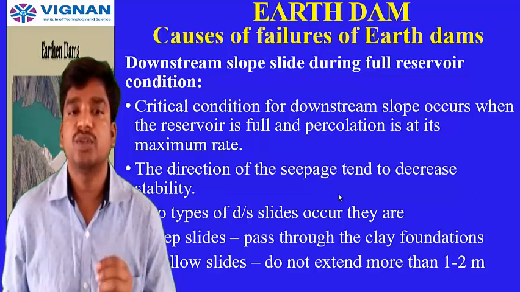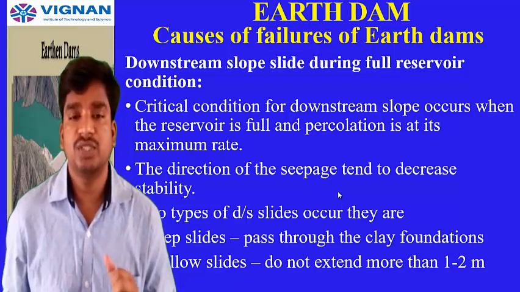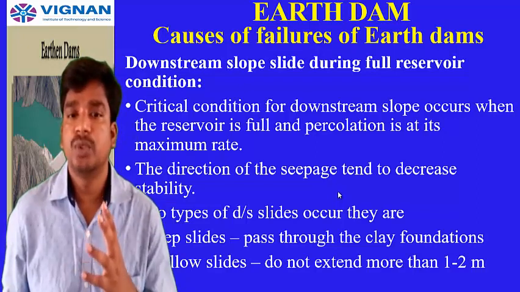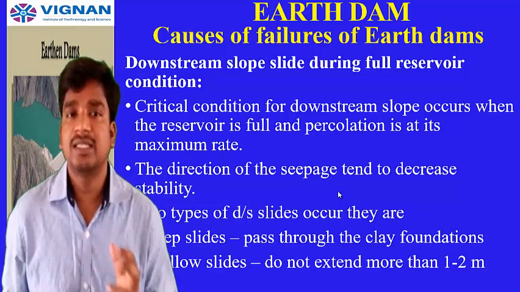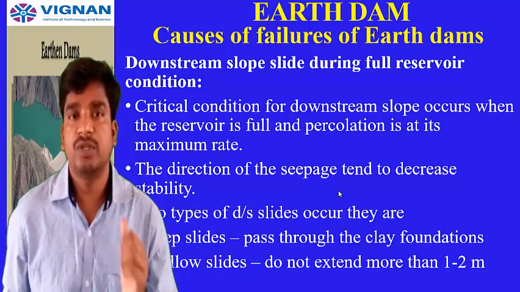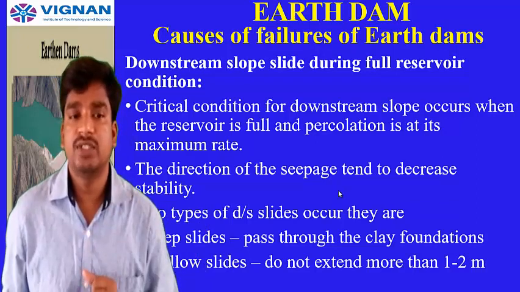The direction of the seepage, whatever seepage is there through the dam or through the foundation, always tries to decrease the stability of the dam, because the seepage is coming through one direction and it will disturb the stability of the earth dam.